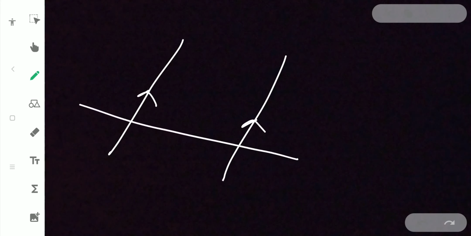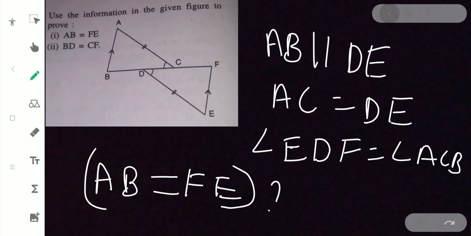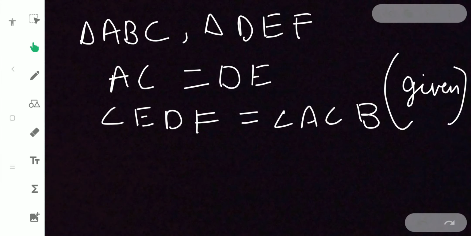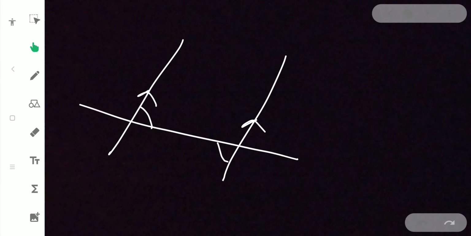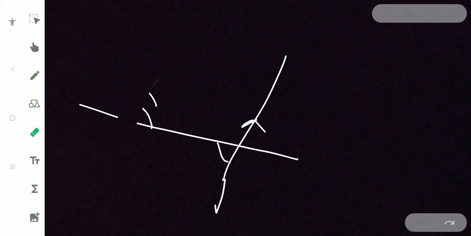So like this, two parallel lines are drawn, one transversal, you have alternate angles. So here you are having interior alternate angles. So what is meant by this fancy term, interior alternate angles? If it is between the parallel lines, it is interior, and if it is somewhere like this and here, it is called exterior alternate angles.